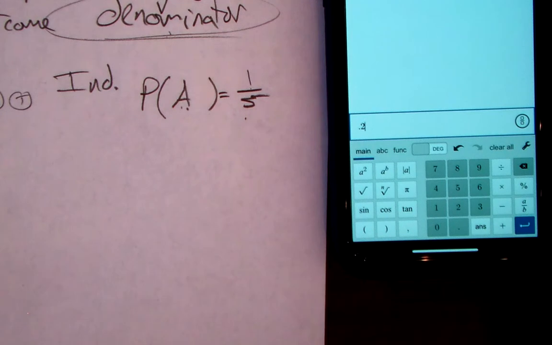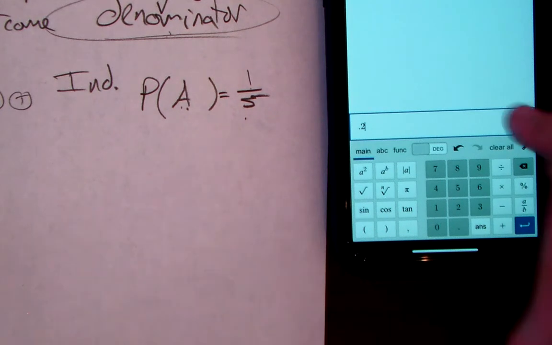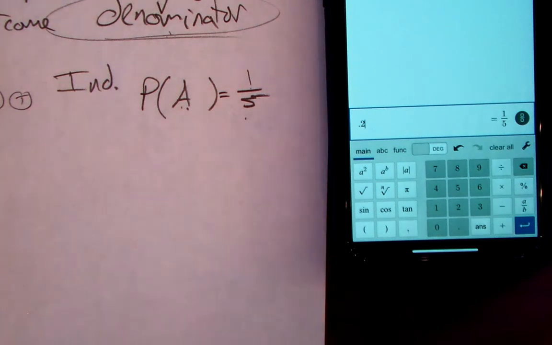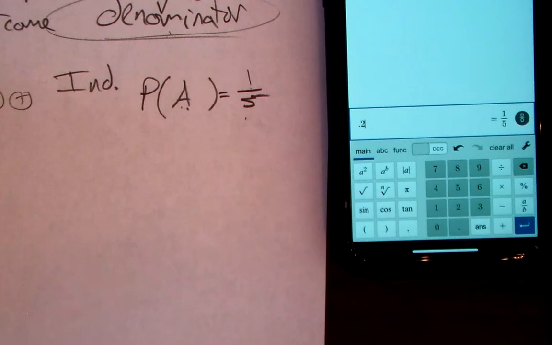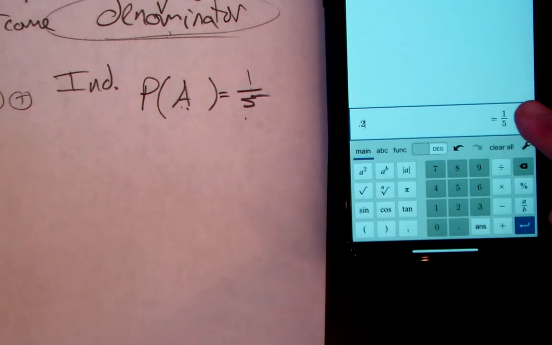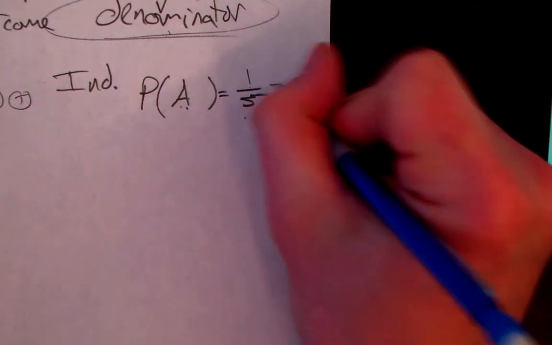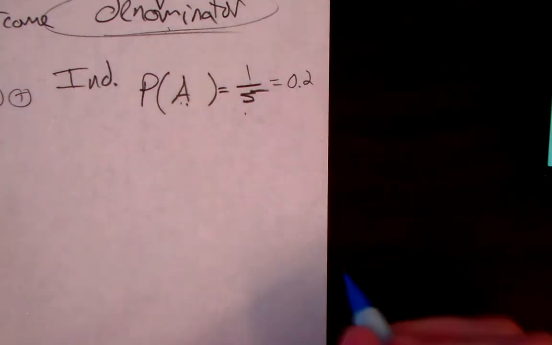Well, you hit that nice little button right there, and it changes it to a fraction. So make sure that you can change back and forth between those, and if the answer choices are in fraction, decimal, or percent form, that you are careful on which one you select. So we're saying this could be 0.2.